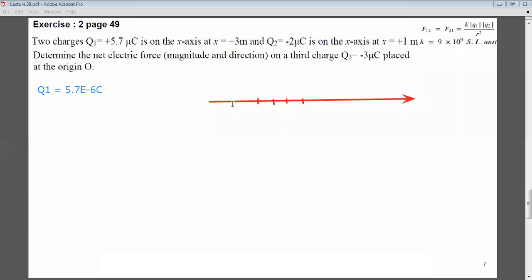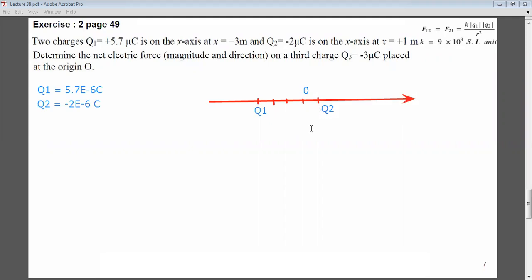So let's put our Q1. And Q2 equal minus 2 microcoulomb, so minus 2e-6 coulomb, is on the x-axis at x equal plus 1. Okay, this is 0 here, so this is Q2.